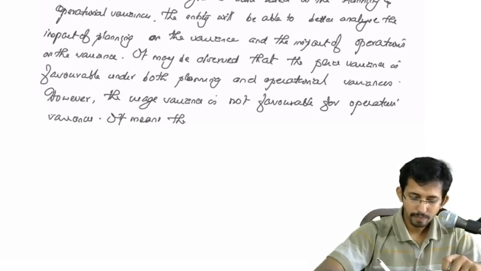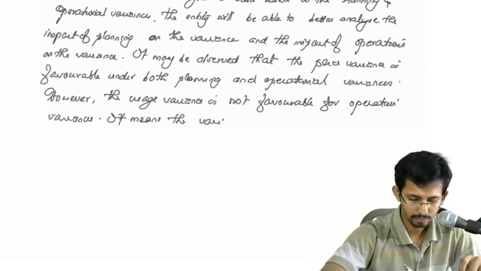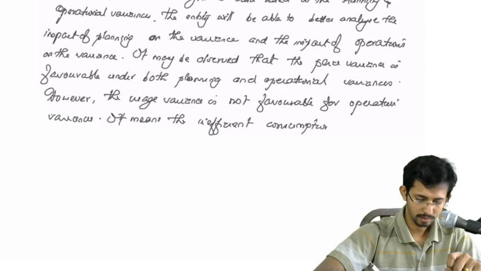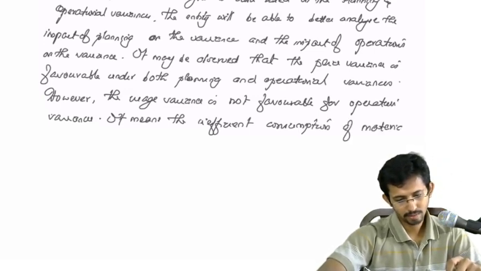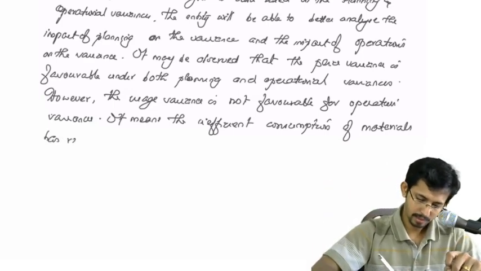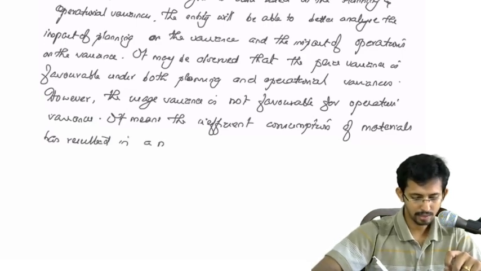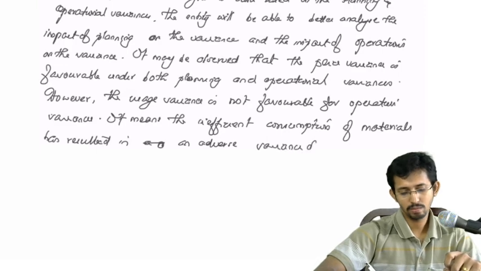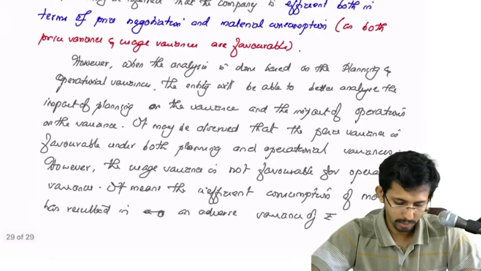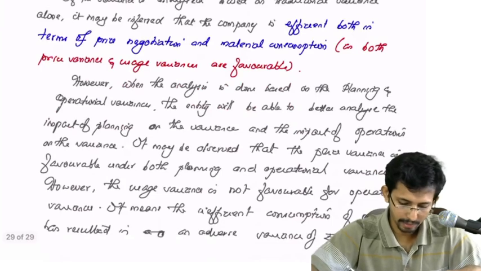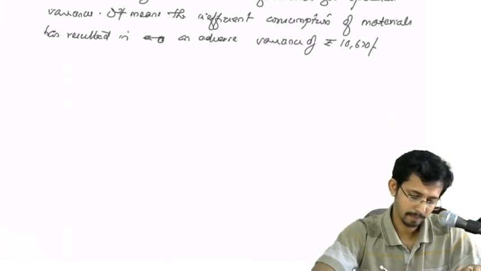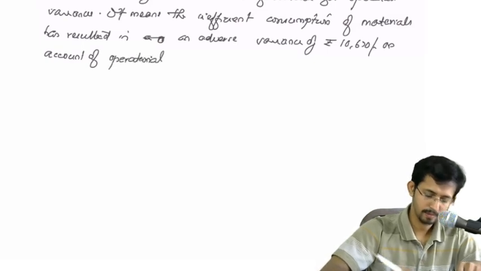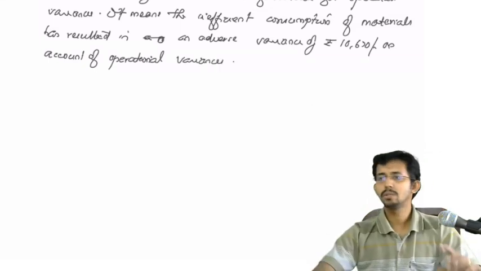It means the inefficient consumption of materials has resulted in an adverse variance of rupees 10,670 on account of operational variances. So this is the inference you can make.